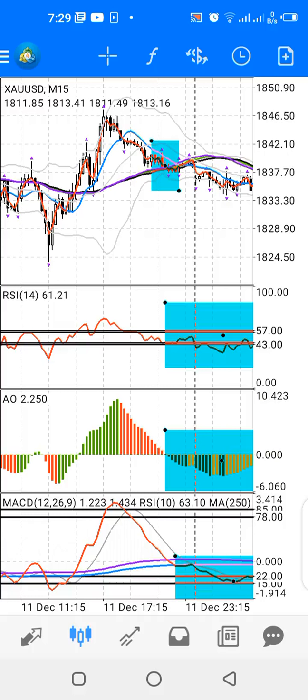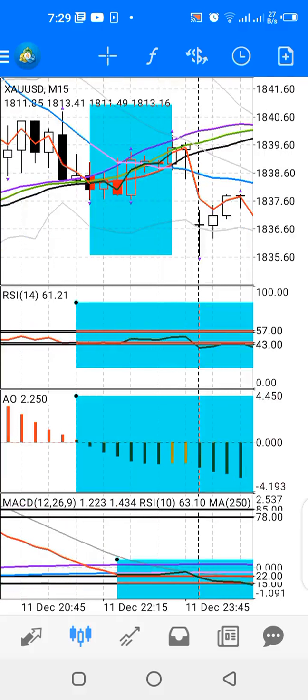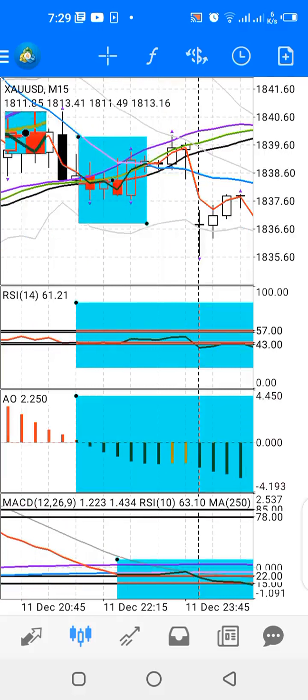If the blue and the red line cross down, let me see if I can zoom. Like you can see, the blue and the red line both cross down on the purple, green, black lines. Then that gives you your sell signal.